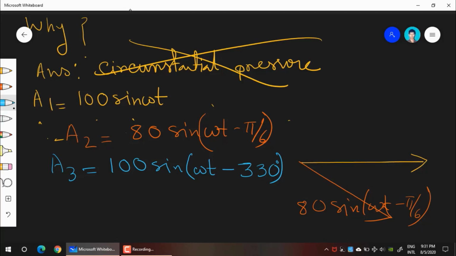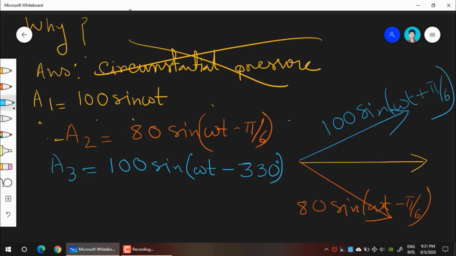And we have the third phasor. So this one is for 100 sine omega t minus 330 degrees; we can write it as plus pi by 6.